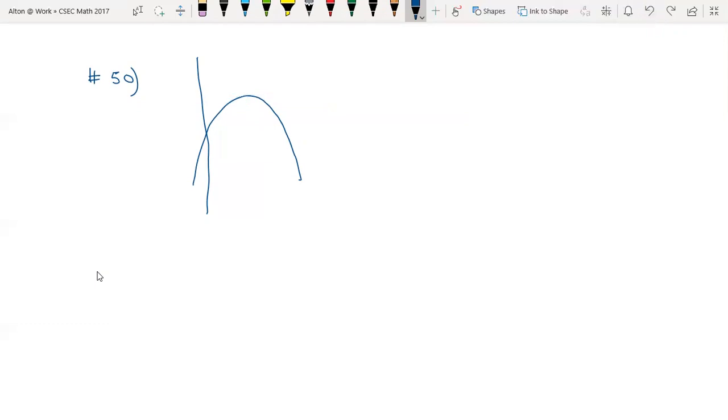Right, so it cuts the x-axis right here at 0 and 4. Right, so the vertex has an x-coordinate of 2. Right, that's your vertex right here. Right, let's see what they ask us.